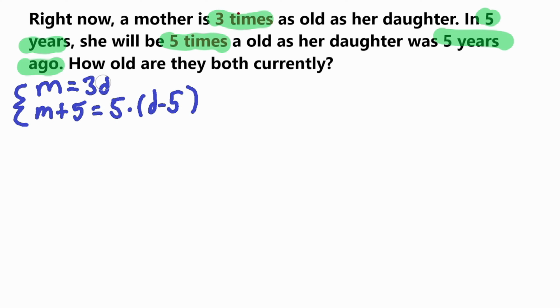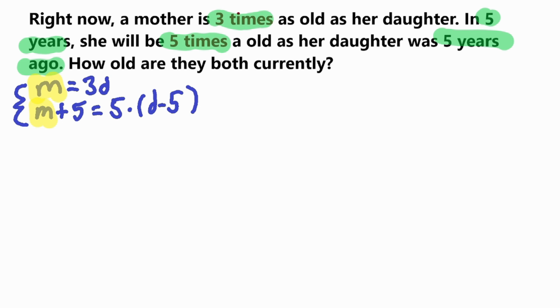And with this equation, we can plug it into the bottom equation. So we can plug in the M here for the M here. This means that when writing the bottom equation, instead of putting M here, we can plug in 3D for it. And then with that, we can just use that to solve the equation for D.